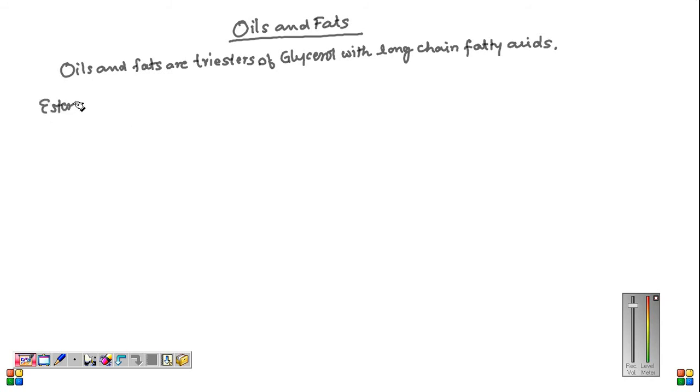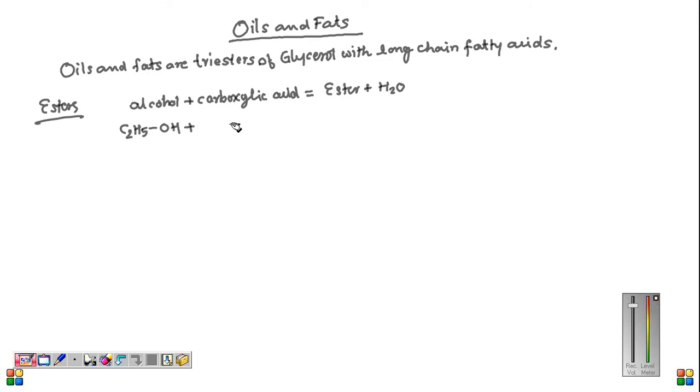Esters are usually formed by the reaction of alcohols with carboxylic acid: alcohol plus carboxylic acid gives ester plus water. Let us take a very simple example of an alcohol, ethyl alcohol, C2H5OH, which is ethanol.